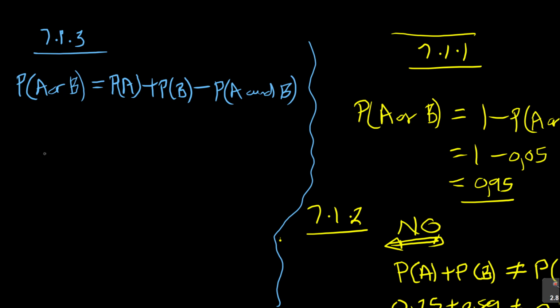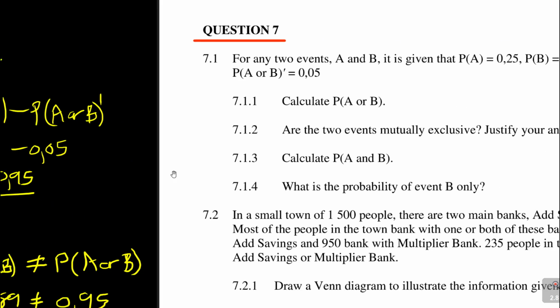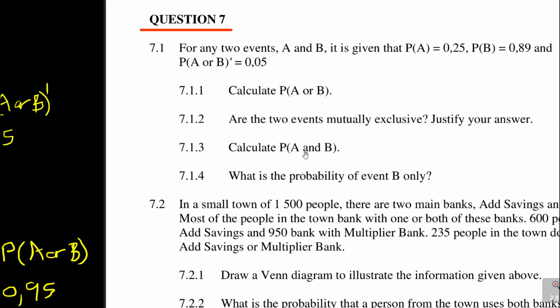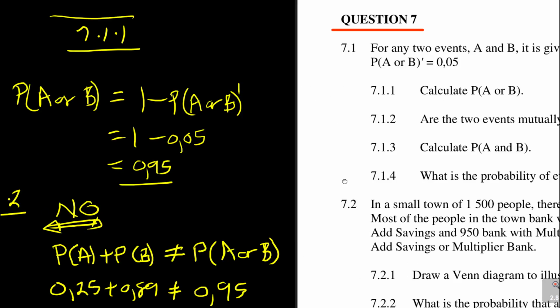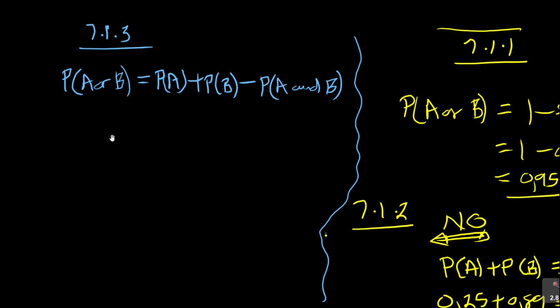Now, what are we looking for? We are looking for the probability of A and B. So we're looking for this one. You can see, let me take it so that I don't confuse. It's minus. Let me take it to the other side, and probability of A or B comes to this side. Meaning I'm making probability of A and B the subject.